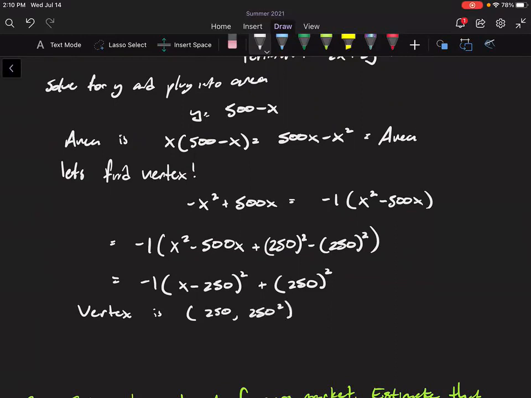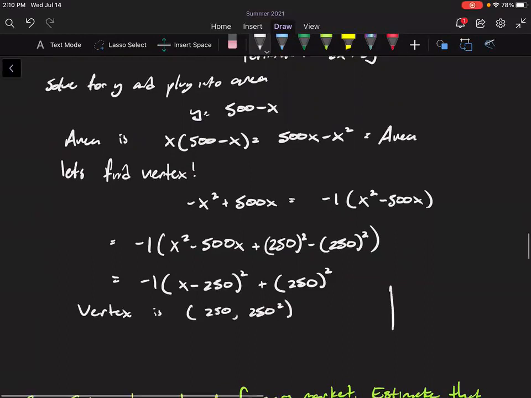So it says that for our pen, we'll actually want it to be a square because our x side length should be 250. Our y is 500 minus x, so that's also 250. Then our area is 250 squared. So that's what maximizes it. So that's pretty awesome.